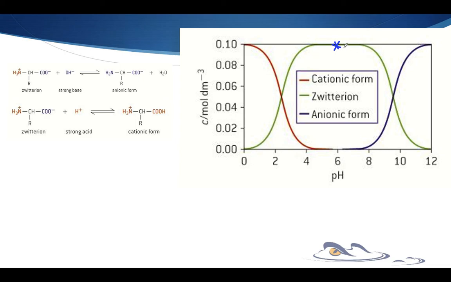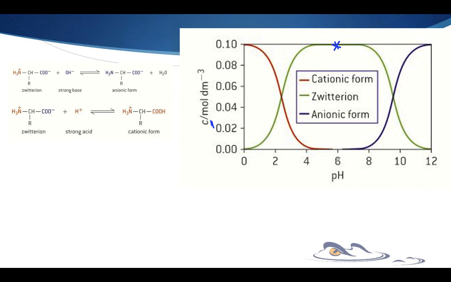The pI is the point where the Zwitterion, which is represented in green here, the concentration of the Zwitterion, you can see this is a concentration, right, in moles per cubic decimeter. So the Zwitterion concentration is highest around the pH of 6. This would be for a neutral amino acid that has more of a neutral pI, right?